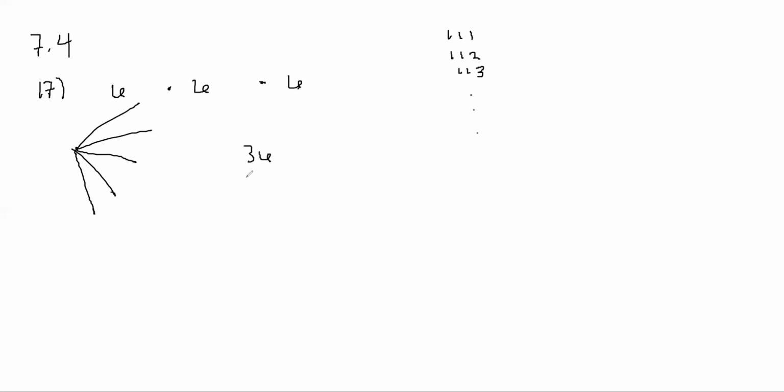Well, in terms of this, order does matter. So there are 6 outcomes for the first die, another 6 for the second die, and another 6 for the third die. So the sample space will look like this: 1, 1, 1, 1, 1, 2, 1, 1, 3, and so on and so forth. And we're going to end up with 36 times 6.